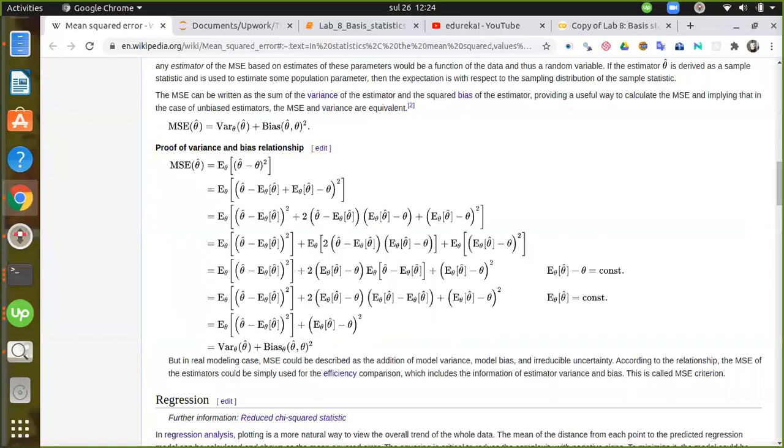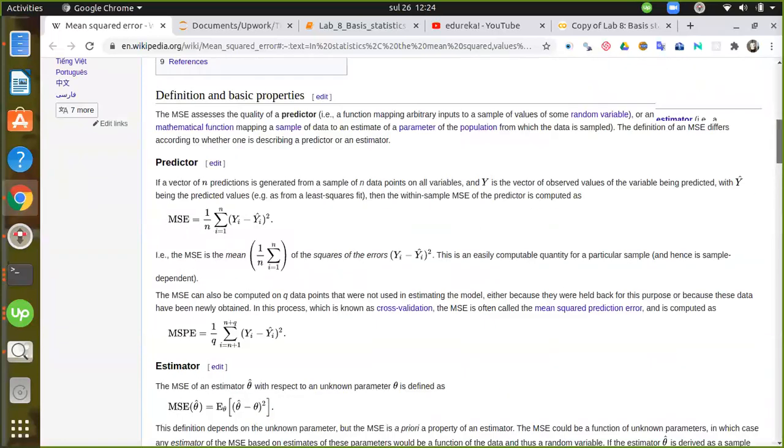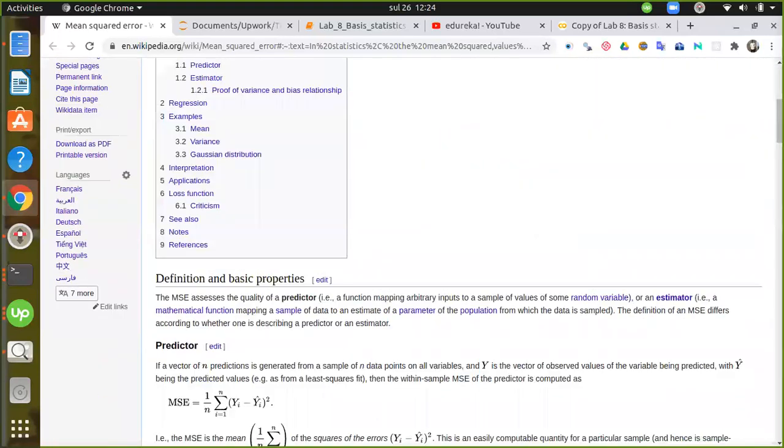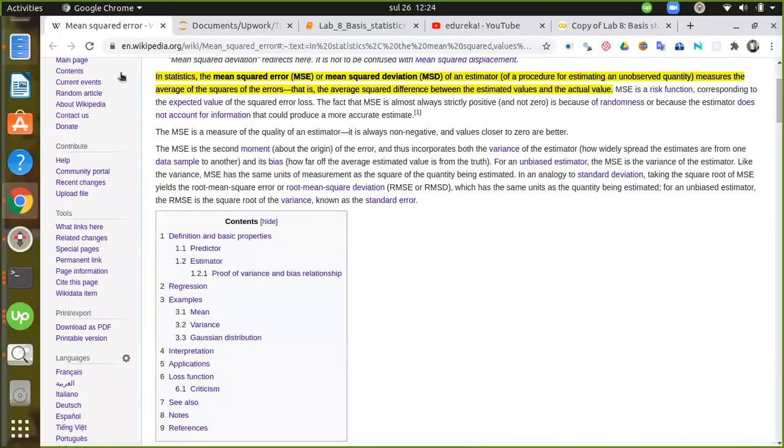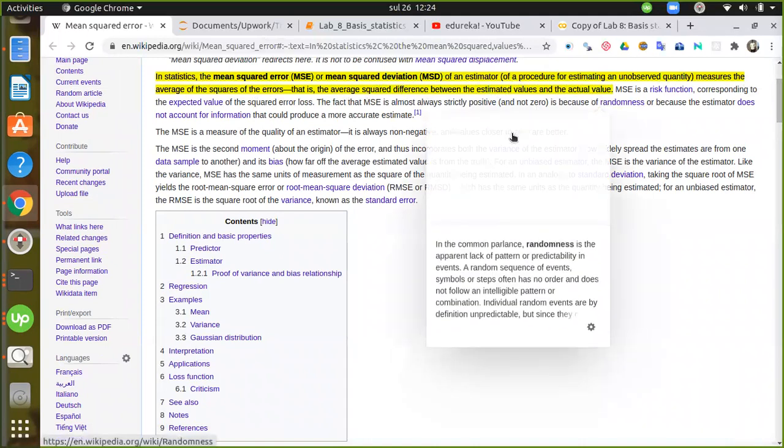If you come here, in statistics, the mean squared error or mean squared deviation of an estimator, of a procedure for estimating an unobserved quantity, uses the average of squares of the errors. That is the average squared difference between the estimated values and the actual values.